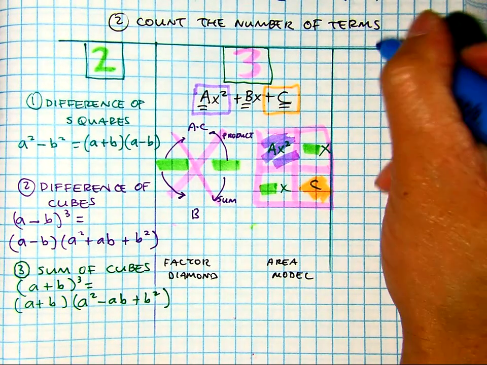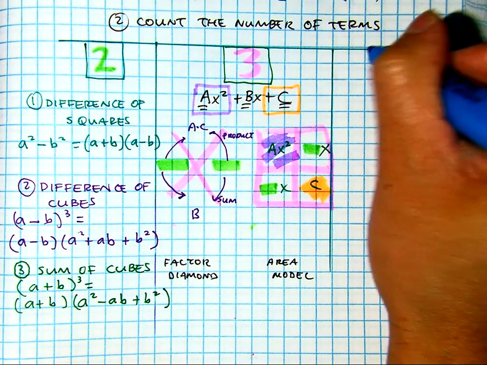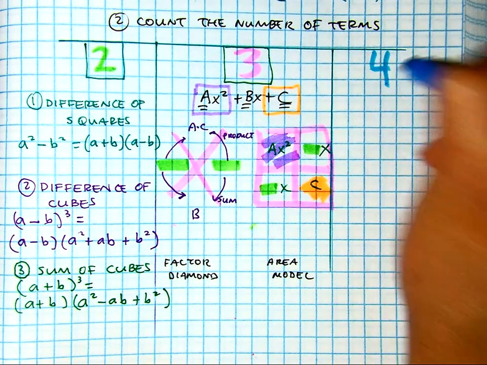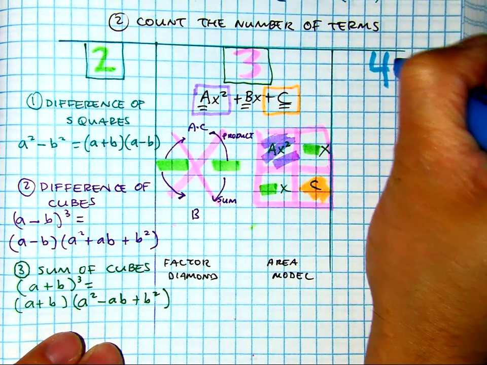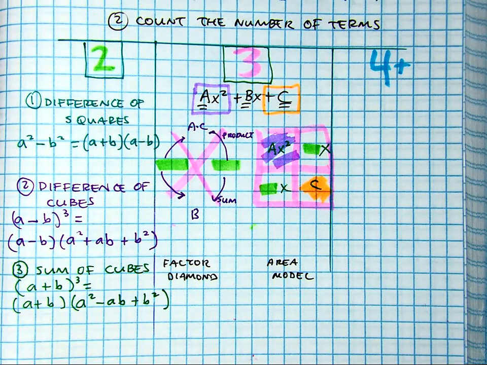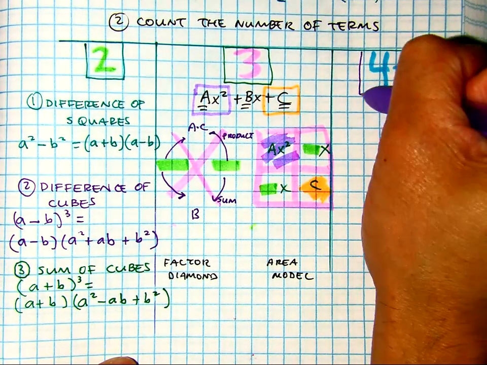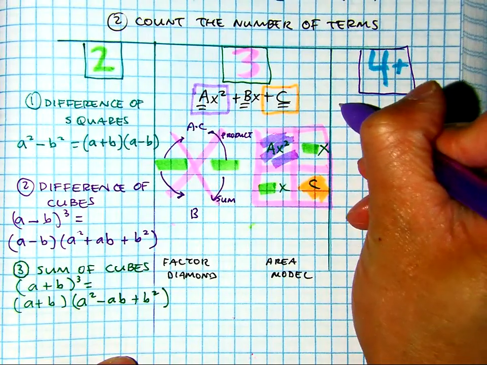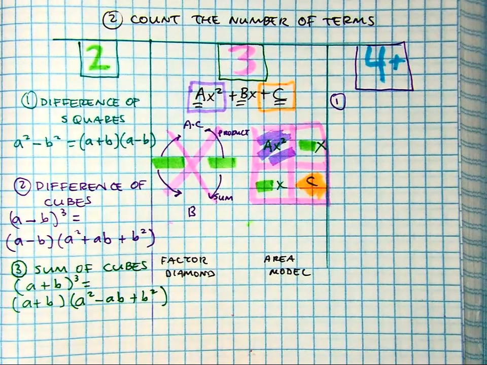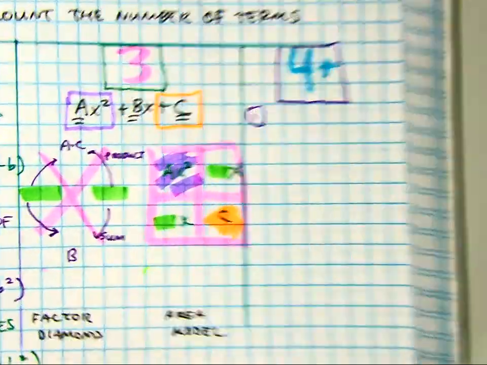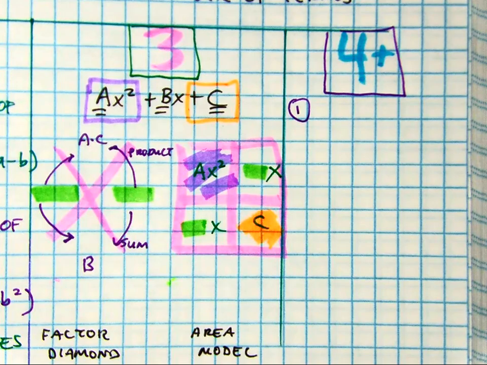or I'll call it 4 plus, 4 or more, let me zoom in. Look for a trinomial square.